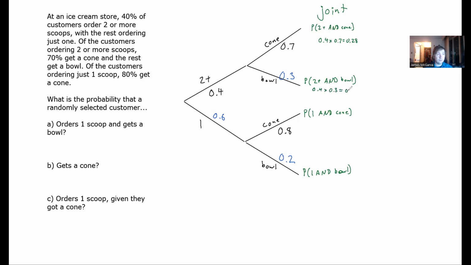And that's going to be 0.12. For 1 scoop and a cone, we do 0.6 times 0.8. And here we get 0.6 times 0.2. So this is 0.48. And this is 0.12.